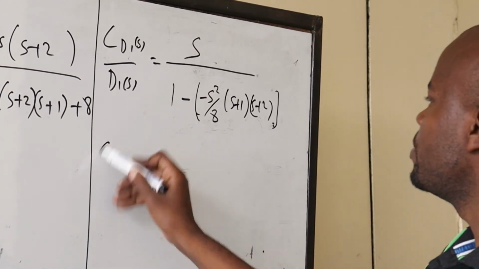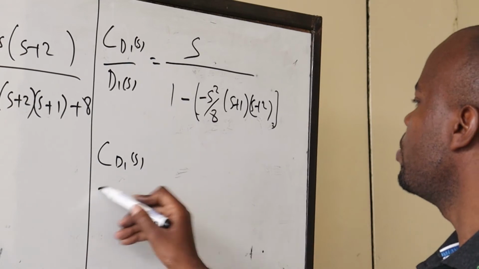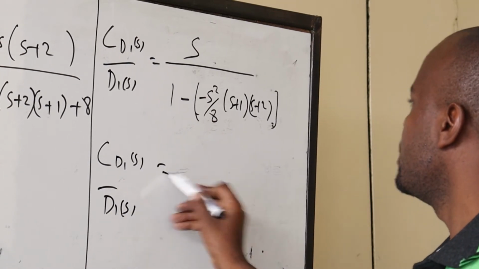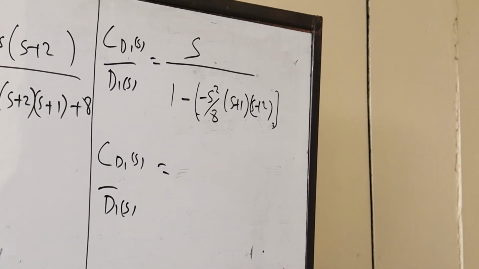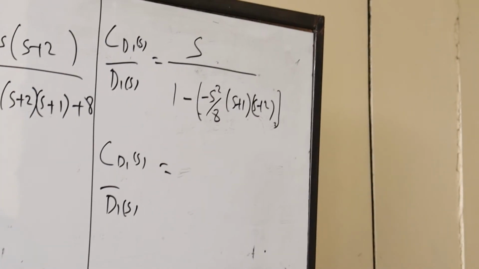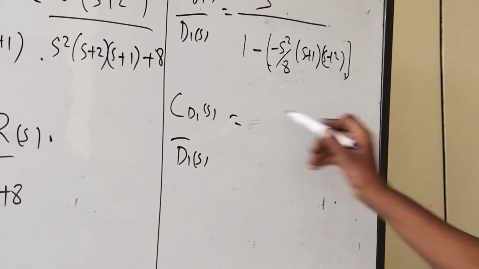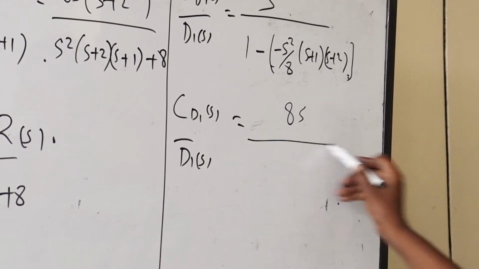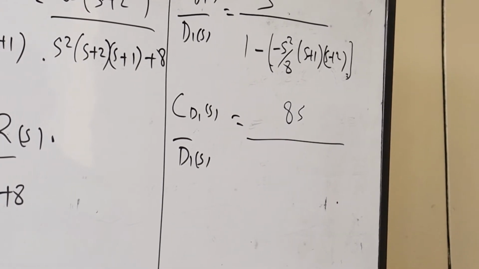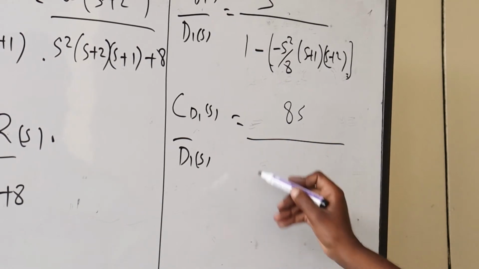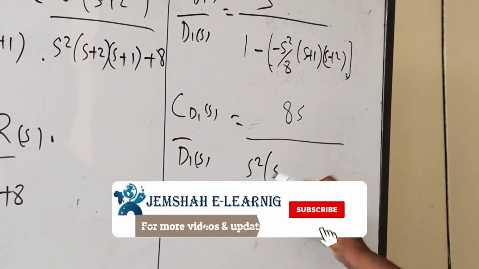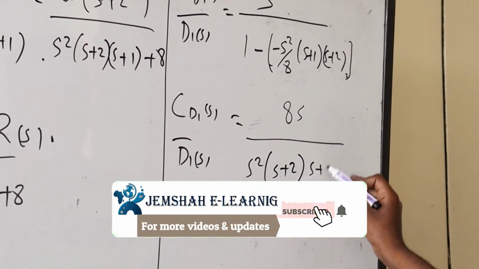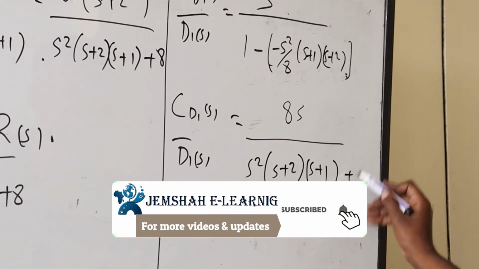Then we can talk of C D1 of S all over D1 of S being given by, if we evaluate it properly, 8S all over S squared into S plus 2, S plus 1 plus 8.